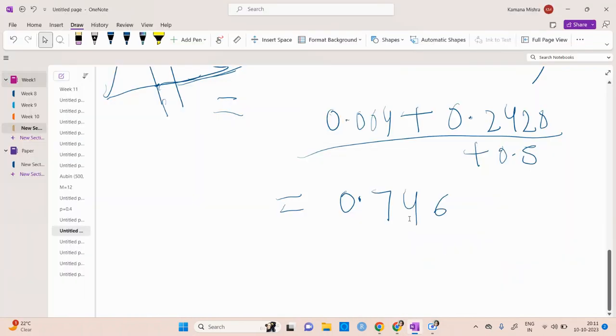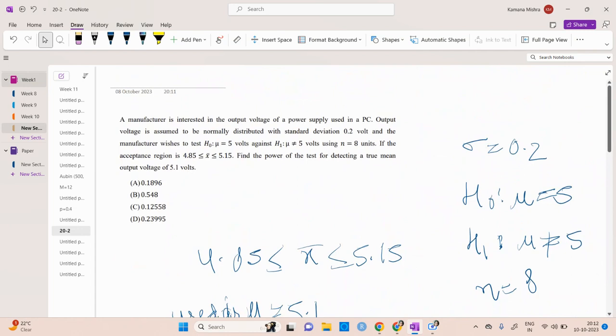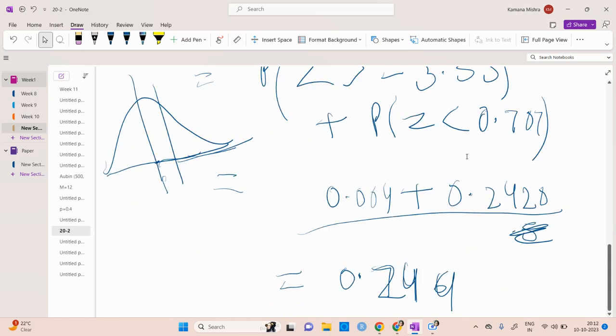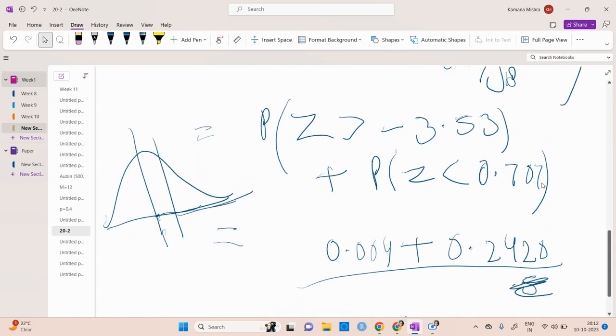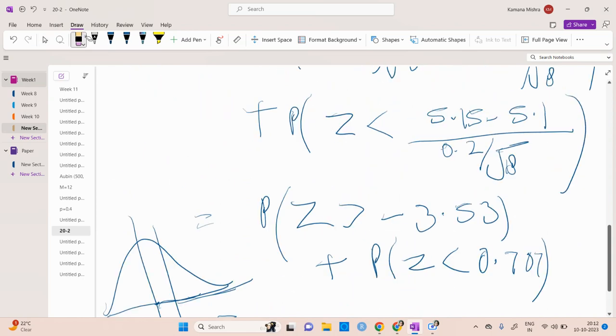Okay, sorry, so this will not come. It will be 0.244, around this, because we are not taking 0.707 in the table. So this will be the answer for the power of the test.